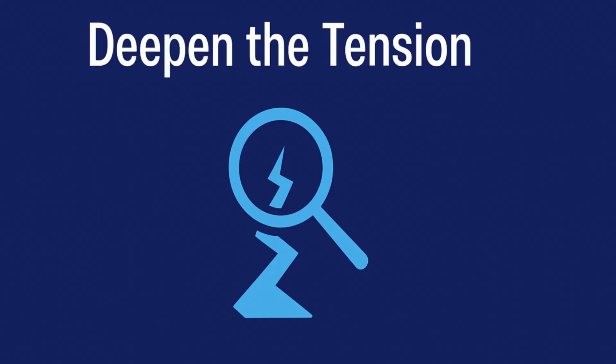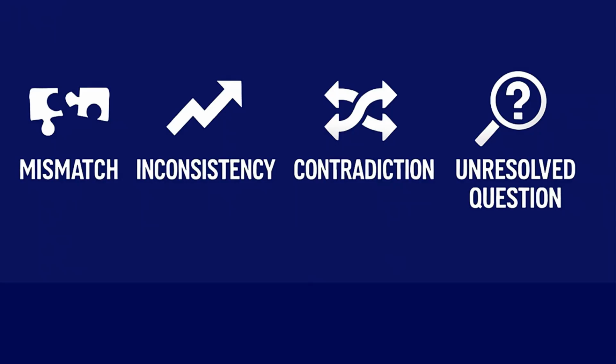After clarifying the phenomenon, you deepen the tension. The sentence frame helps you say that something is not well understood, but that phrasing only gestures toward the gap. A refined tension names a mismatch, inconsistency, contradiction, or unresolved question that sits within the phenomenon.